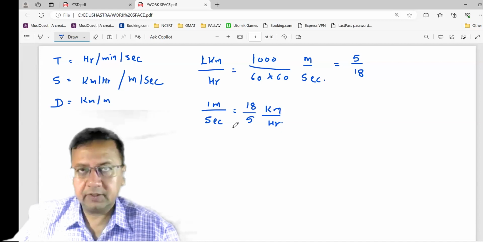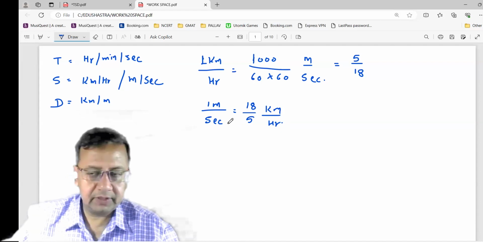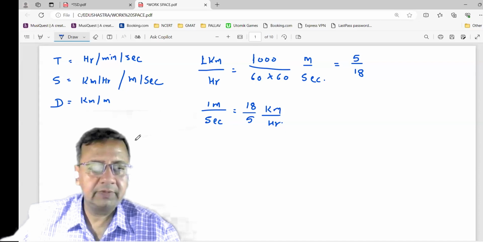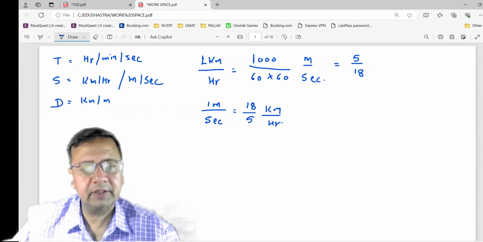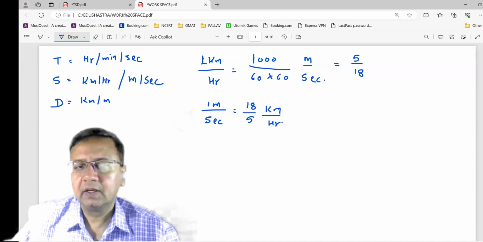So if I talk about the different relations, this chapter has only one relation, right? And what is this one relation among the variables? How are these variables related to one another? Time, speed, and distance. Yes.